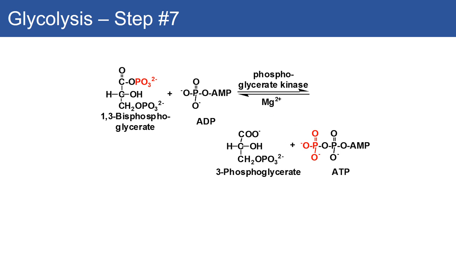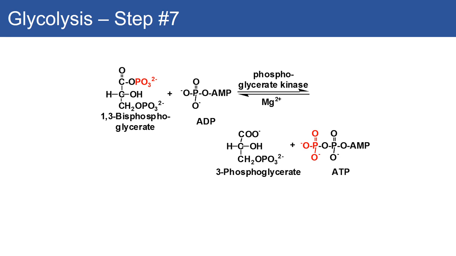All right, step 7. We're going to transfer the phosphate group from the 1,3-bisphosphate to ADP. This is an energy generation step. Sometimes you'll see it as GDP. It's very specific to the type of enzyme that's catalyzing the reaction and the location.